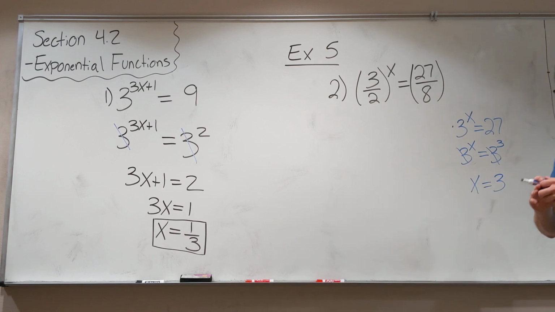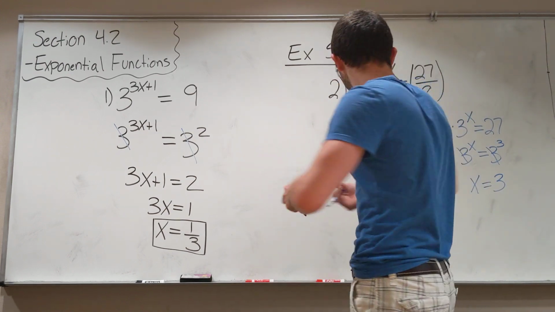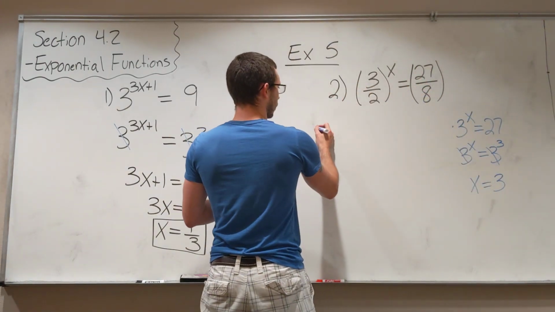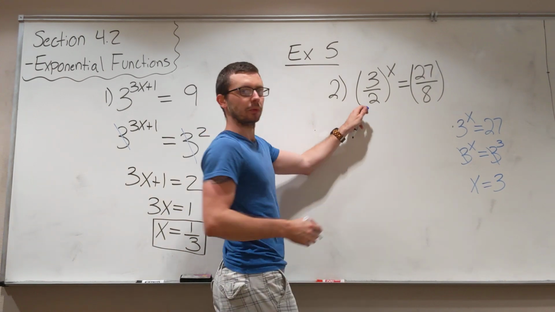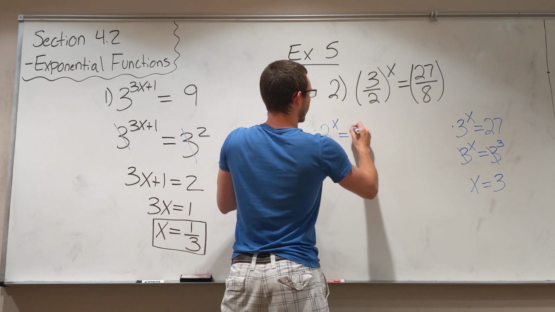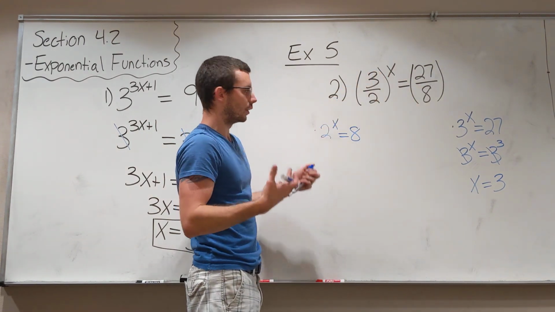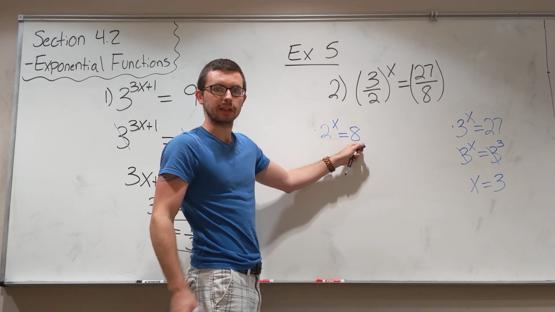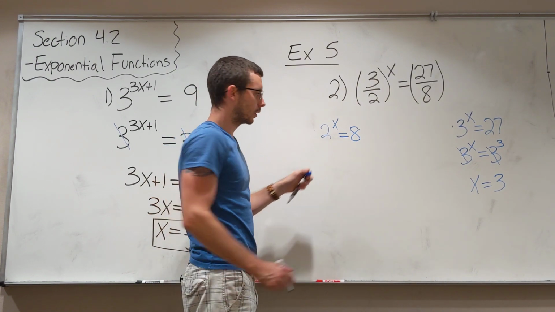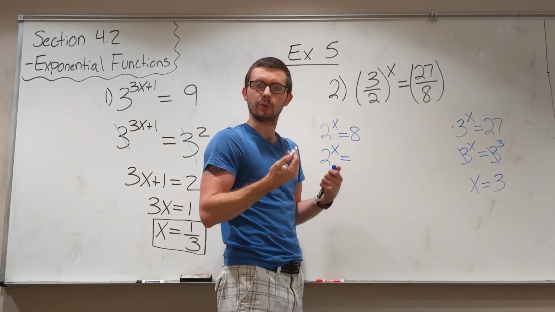Okay, well that's the numerator. Let's look at the denominator and see if we get the same thing. So here I will take the denominator, it's 2 raised to the x is equal to 8. Here I'm taking all the denominators with the exponent. Same idea, how can we rewrite 8 to have a base of 2? Well, it turns out that 8 is simply 2 to the 3rd power.